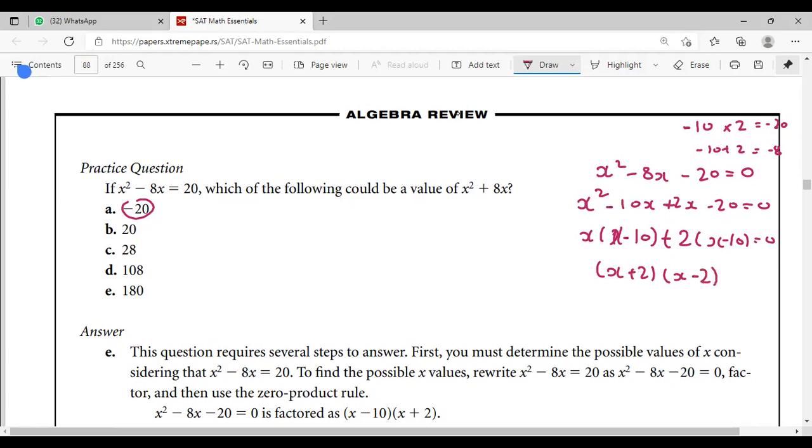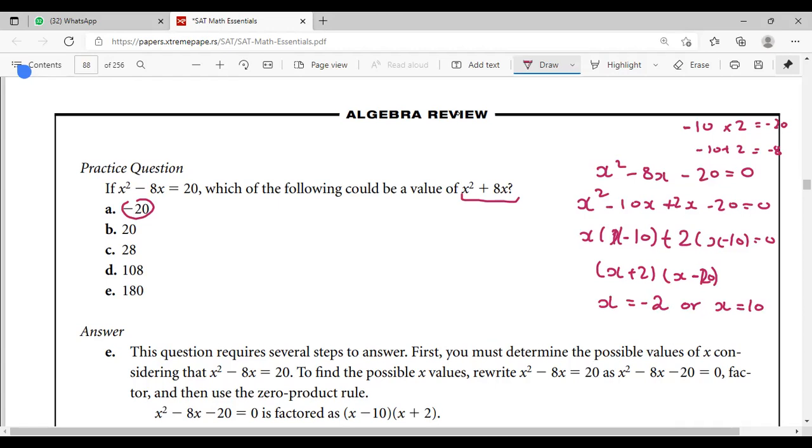Now we need to solve it. This is x plus 2, x minus 10. So either x is minus 2 or x is 10. Now we are done with finding the x, right? But we need to find x square plus 8x. Okay, is it clear?